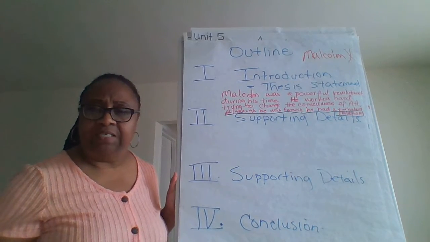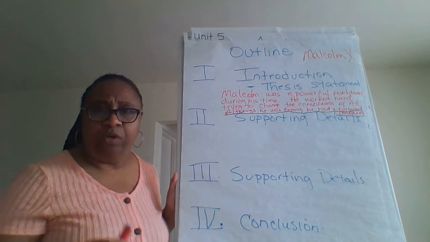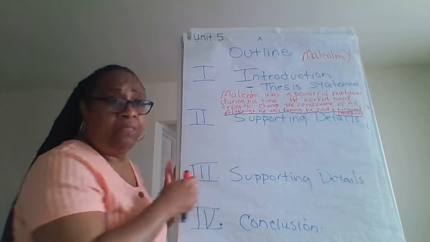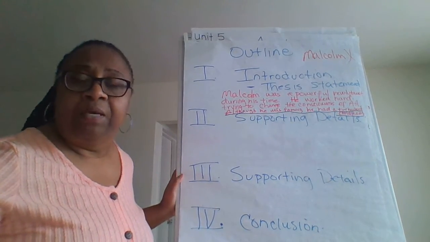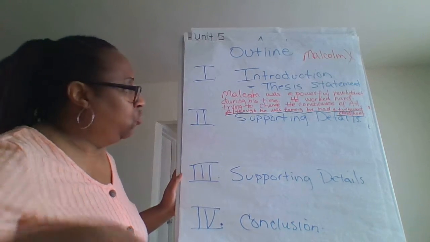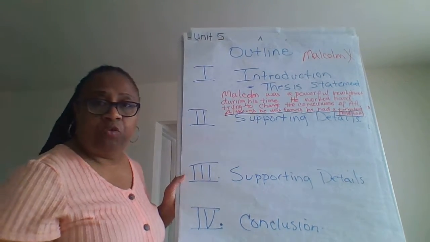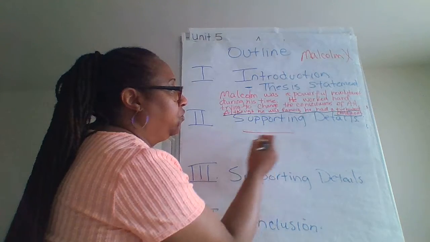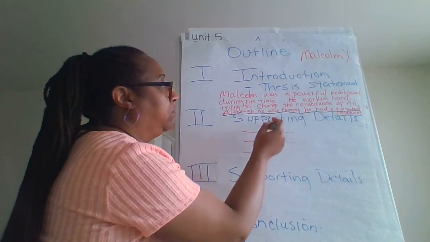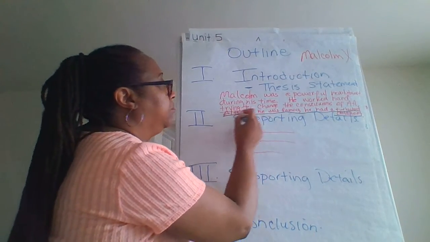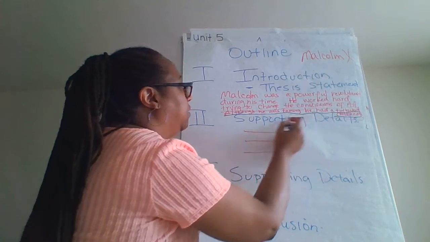So now that means that I need to pour out some supporting details about that thesis statement. So you will go to paragraph 2 and you will write supporting details about this thesis statement: although he was famous, he had a turbulent childhood.